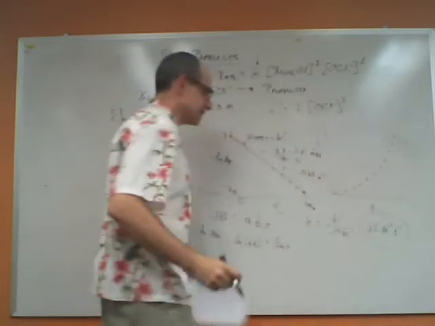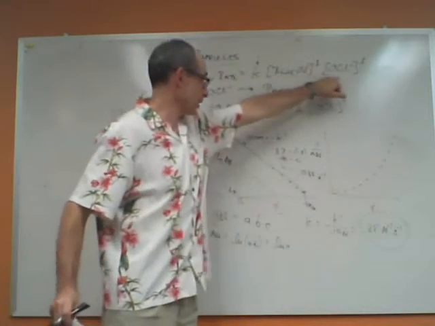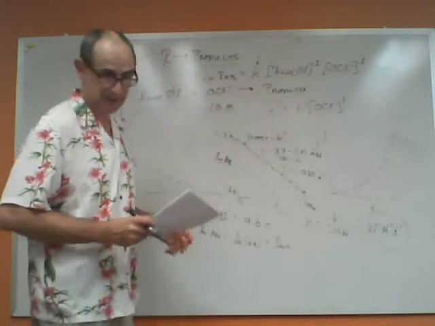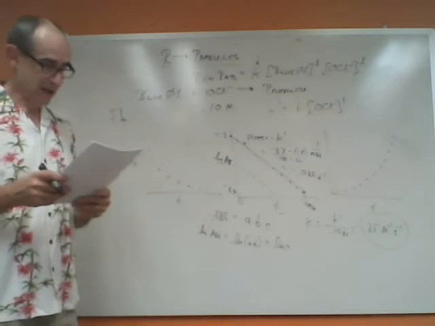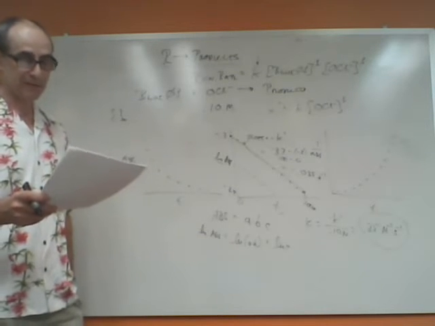And be careful, these are going to be the units. They look a little bit weird, but those are the units for a reaction that is overall second order in both reactants.